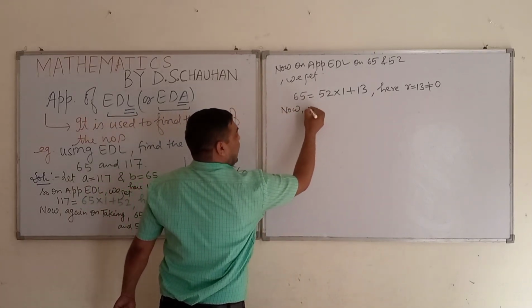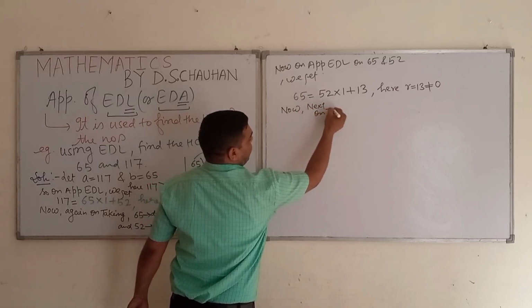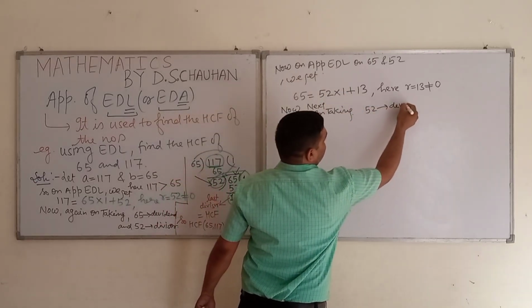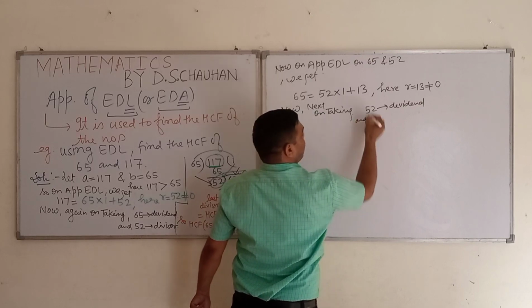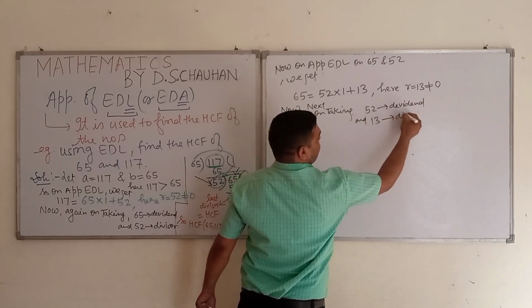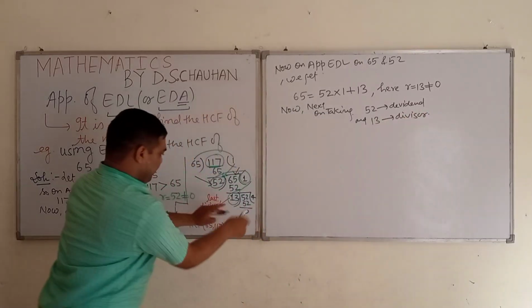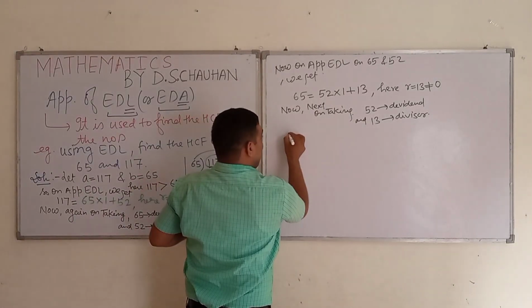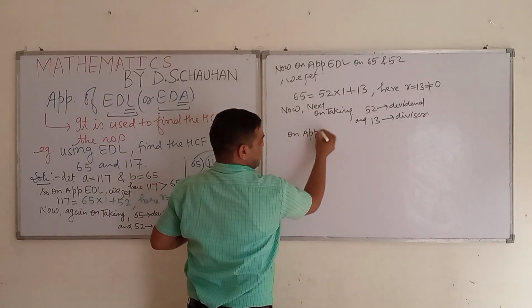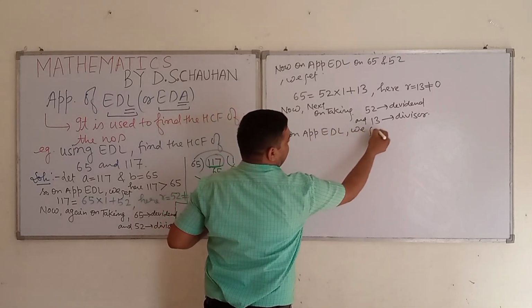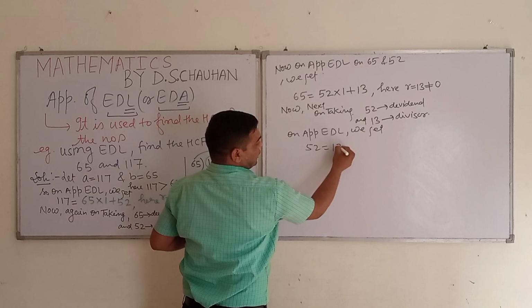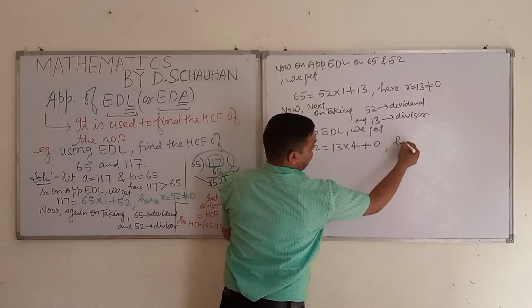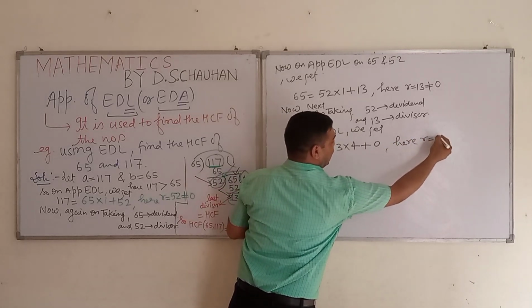Now next, I am taking 52 as dividend and 13 as divisor. On applying Euclid division lemma, we get 52 equal to 13 into 4 plus 0. Here r equal to 0.